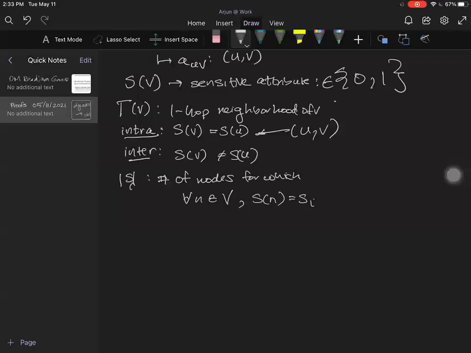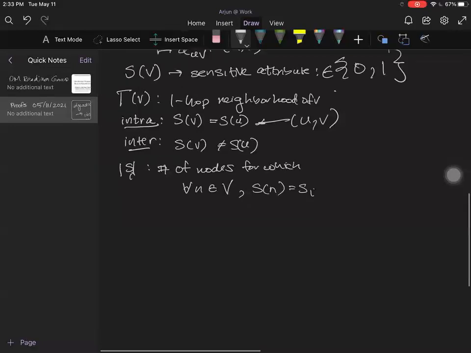Okay. So then what does this S sub i mean? i means the value? Yes. So S sub i is the cardinality of all the nodes that share the same sensitive attribute.